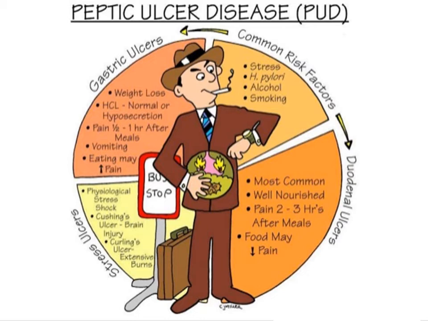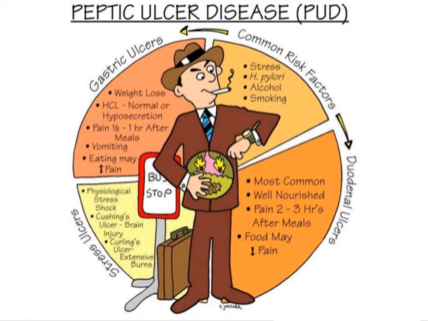Why is it so? Because in duodenal ulcer, pain occurs 2 to 3 hours after a meal when the stomach becomes empty. So an empty stomach will lead to pain, and the patient, when he or she tries to avoid that pain by eating, will gain weight.